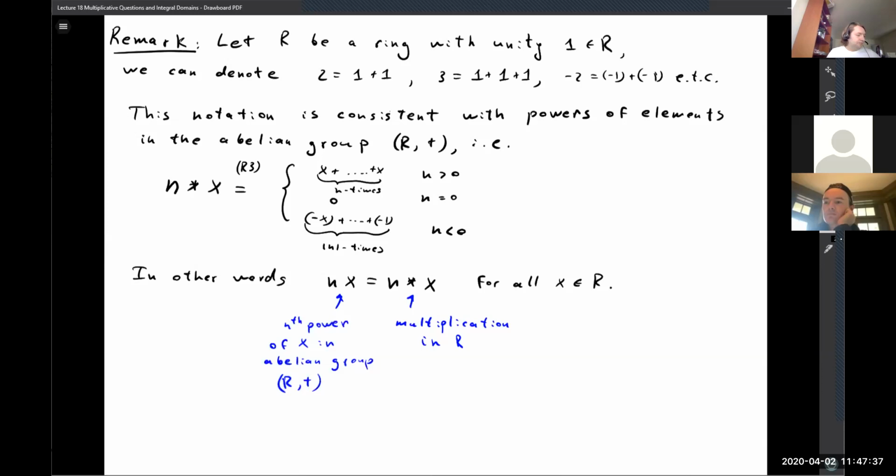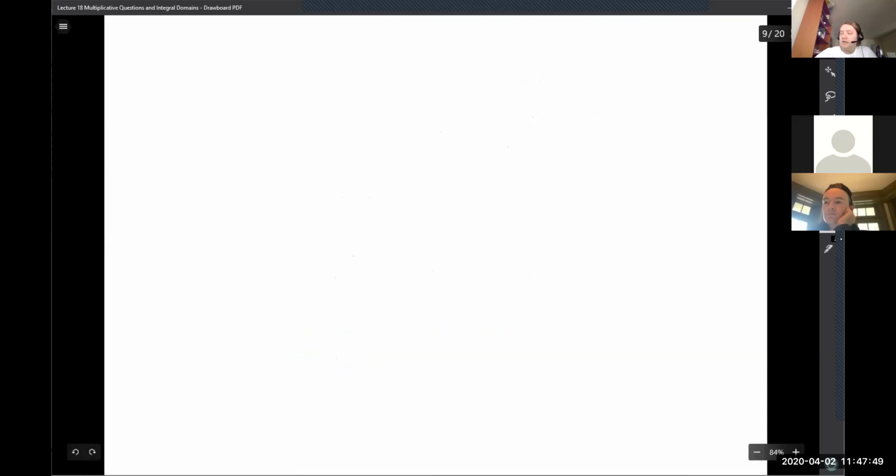Okay. When we looked at rings with unity, this resembled the definition of a group, except for the fact that not every element might have a multiplicative inverse. So now let's talk about multiplicative inverses.